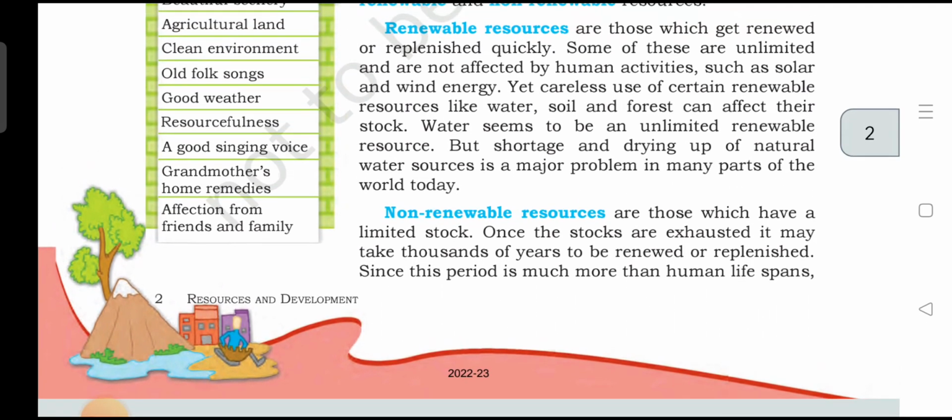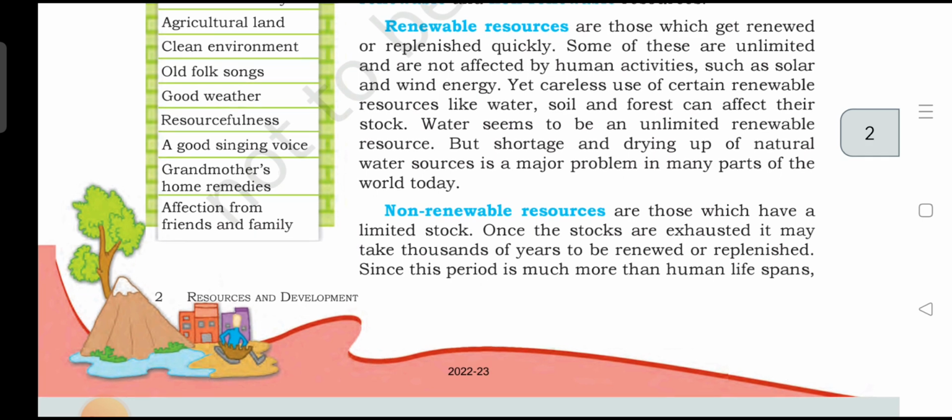So you have to use them very, very wisely. I must say this, dear students.